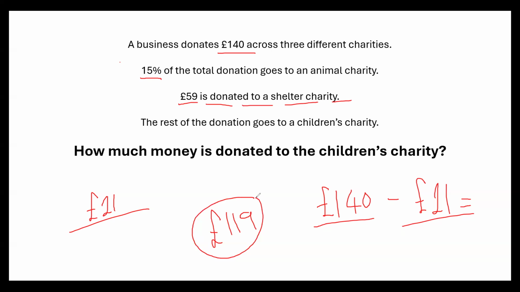So we do 119 subtract 59, and that gives us £60. So now we've got £60 left. And the final part of the question says the rest of the donation, which we know there's only £60 left, goes to a children's charity. So £60 must go to the children's charity.